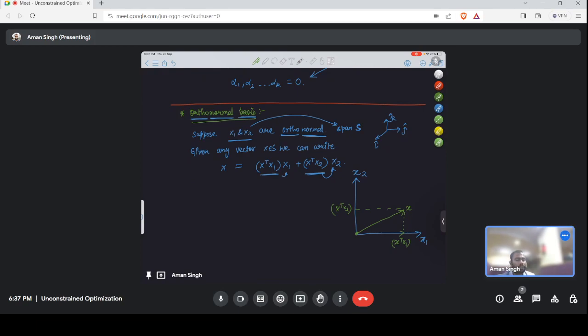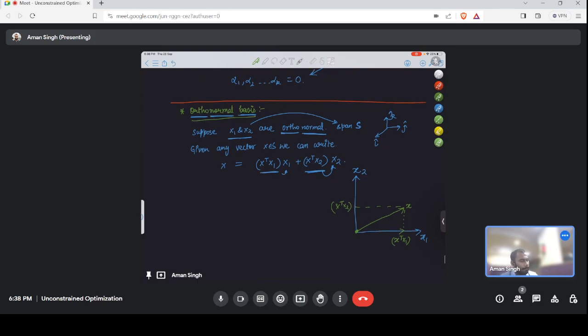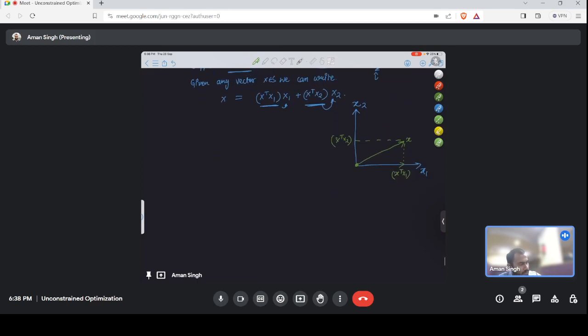But what if we don't have an orthonormal set of vectors? How do we generate an orthonormal set of vectors when someone has given us a basis? So let's say we have some basis set A. How can we convert it into an orthonormal basis? That is the question that we ask.